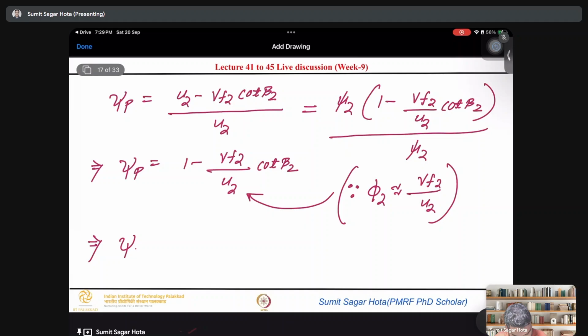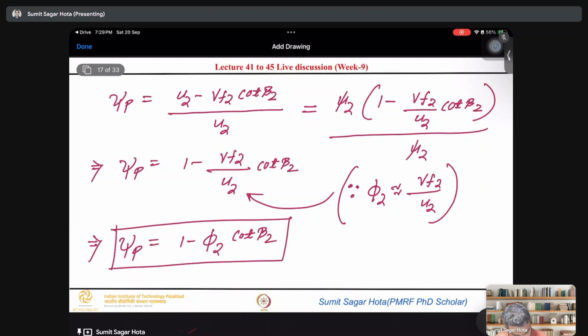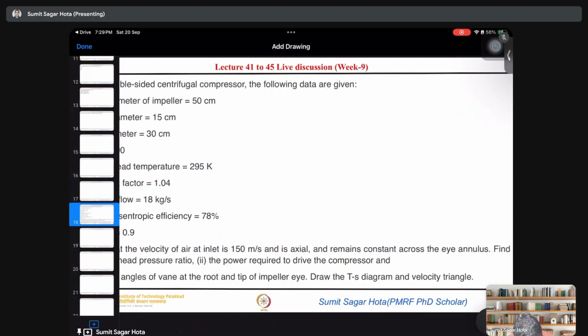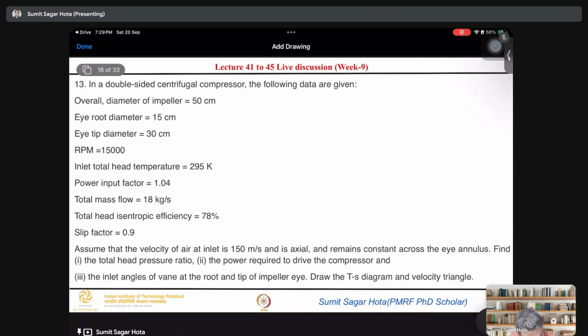So psi p is equal to 1 minus phi 2 into cot beta 2. Now proved. Okay. Now read this question and try to solve.